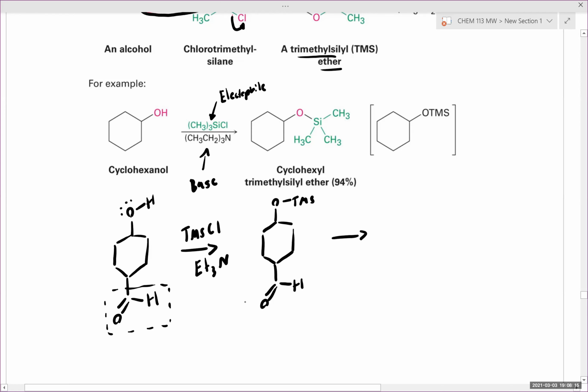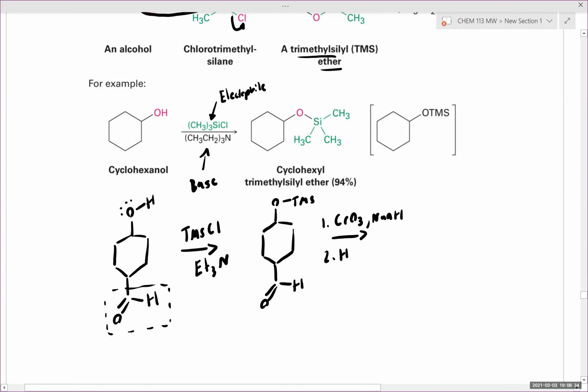And then from there, you can oxidize your aldehyde under basic conditions.